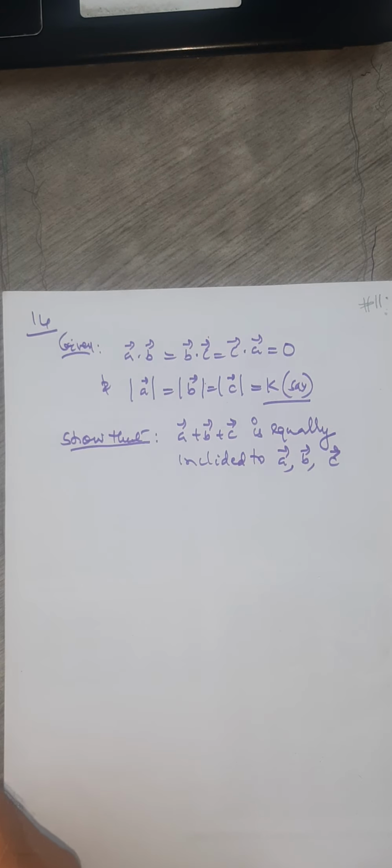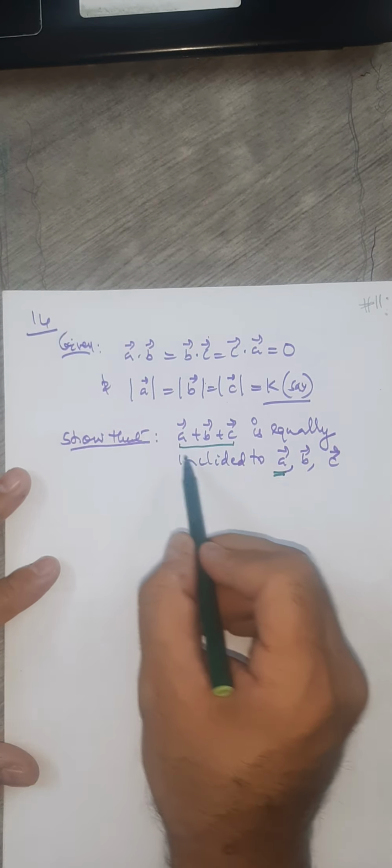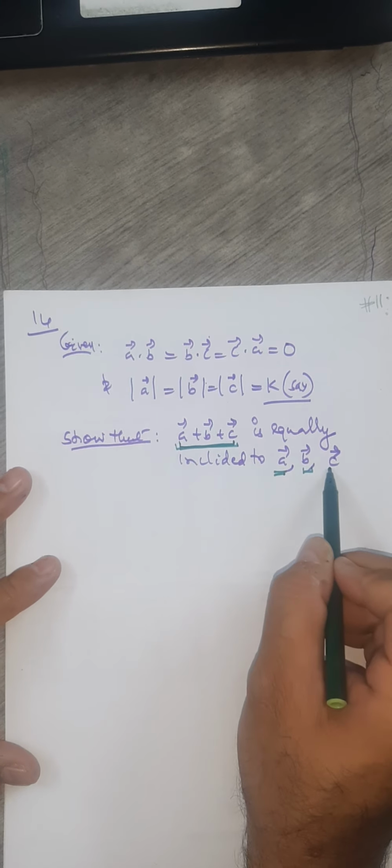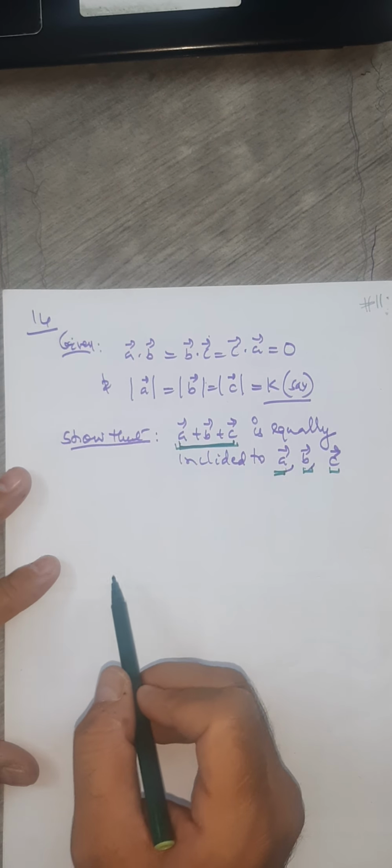You want to show that angle made by this vector with A is same as angle made by this vector with B, and it is same as angle made by the vector C. So angle made by this vector with these three vectors are equal.